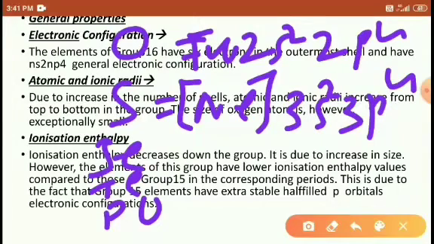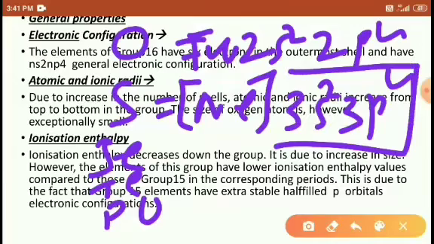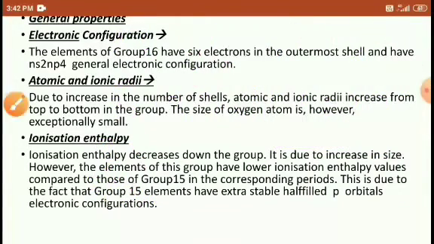Right, friends? So the common feature is that 6 electrons are present in the outermost shell, 2 in the s block and 4 in the p block. Right, friends?